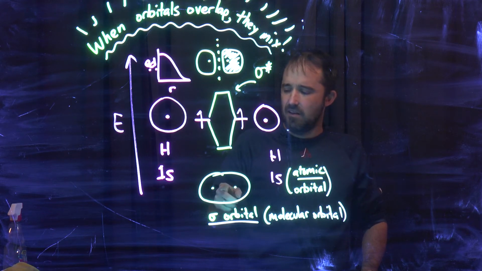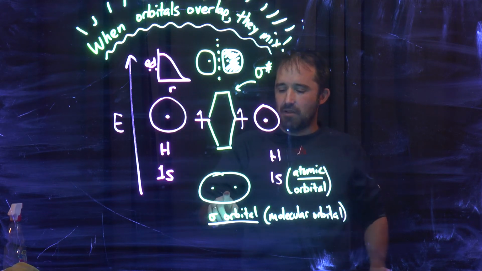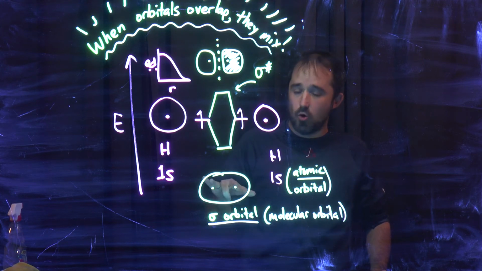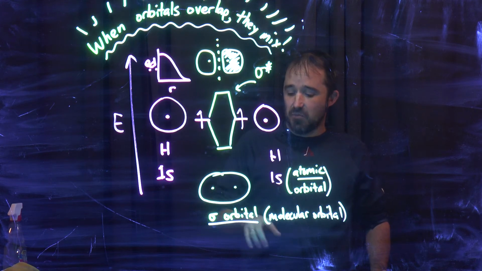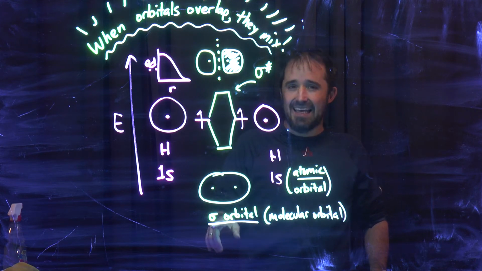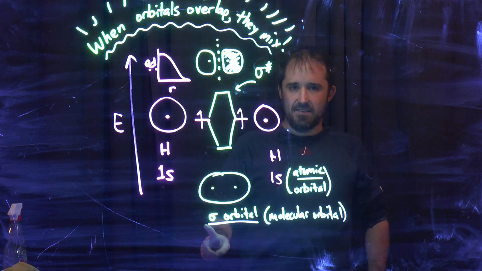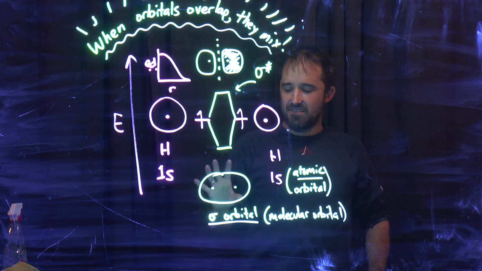Anyways, when you take these 2 together, you'll get a molecular orbital where the maximum electron density is between the atoms, probably right between the atoms in this case. This is called a molecular orbital, and it's called a sigma orbital. Sigma being the Greek version of S, so from S we get sigma.